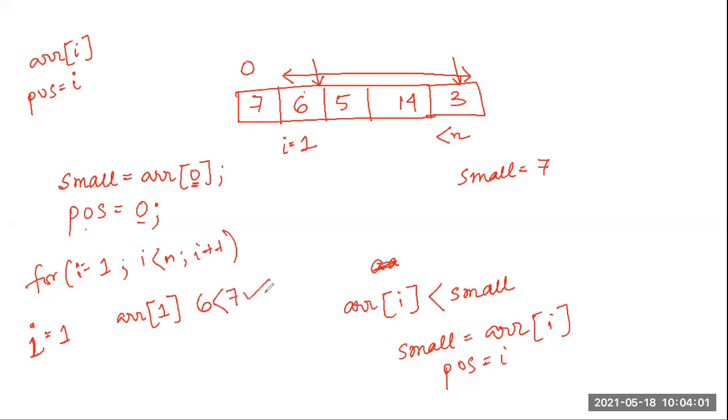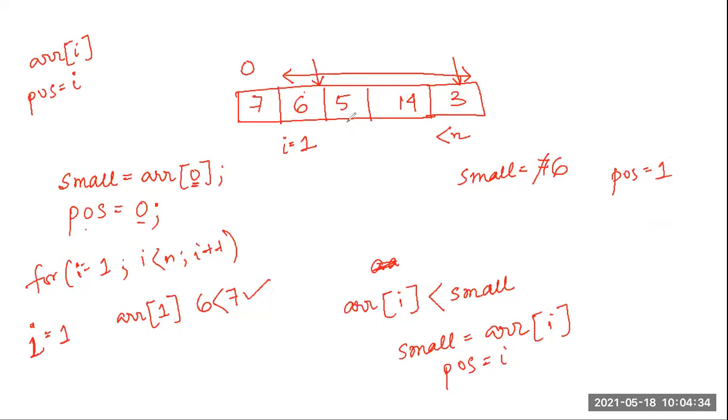Yes. If it is less than 7, then small will have the value of that element, that is 6. So small will have the updated value of 6. And pos will have the value of this index, which was 1. Again it will increment, I plus plus.